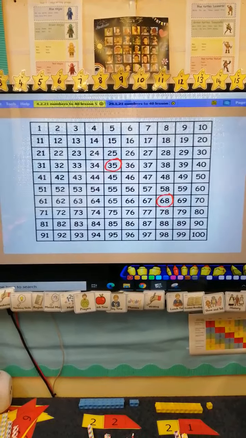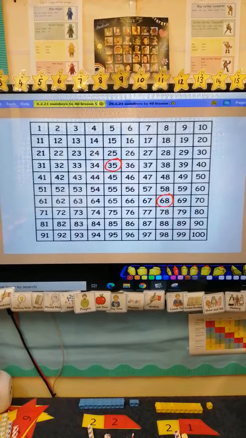Well done if you guys work that out independently at home. Let's say the sentence one more time. 22 is 1 more than 21. Let's say it again. 22 is 1 more than 21. Well done, guys. We're going to work on that a little bit more in our maths lesson today.